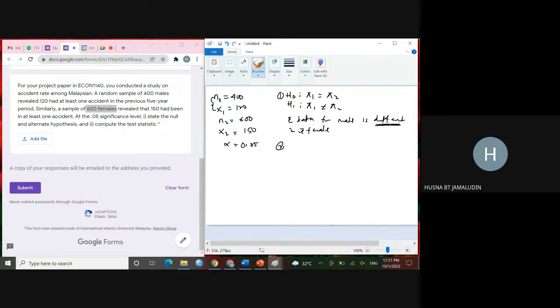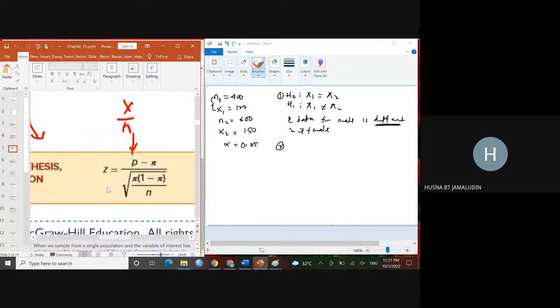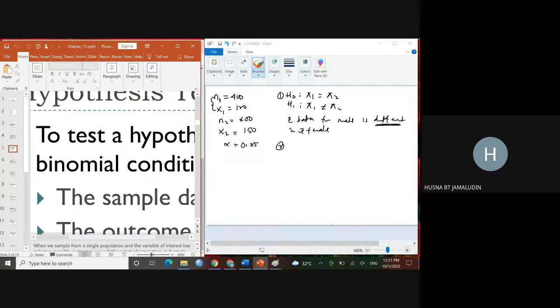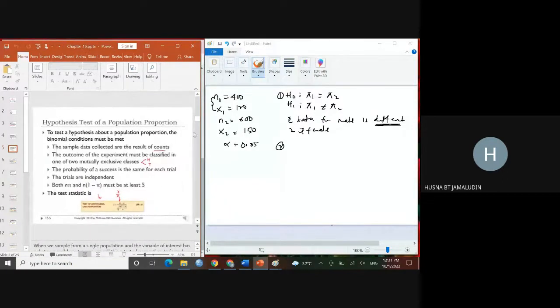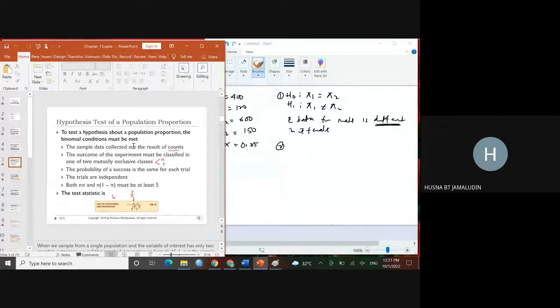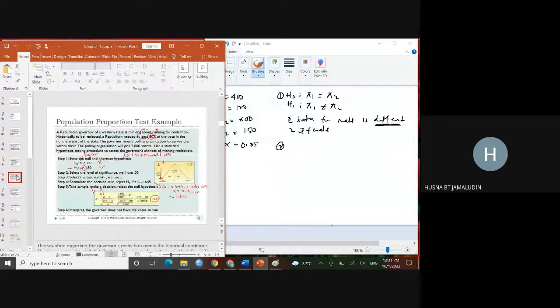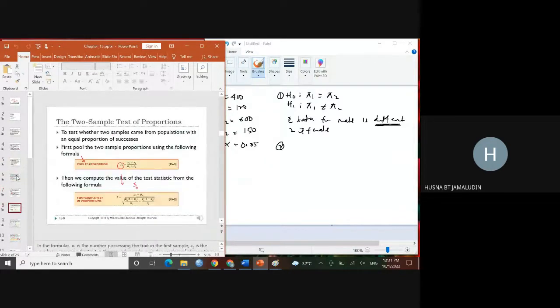Second, compute the test statistics. What kind of test statistics, and what is the formula? Anyone? So this is for one sample, since we are talking about two samples, let me just rewrite it here.